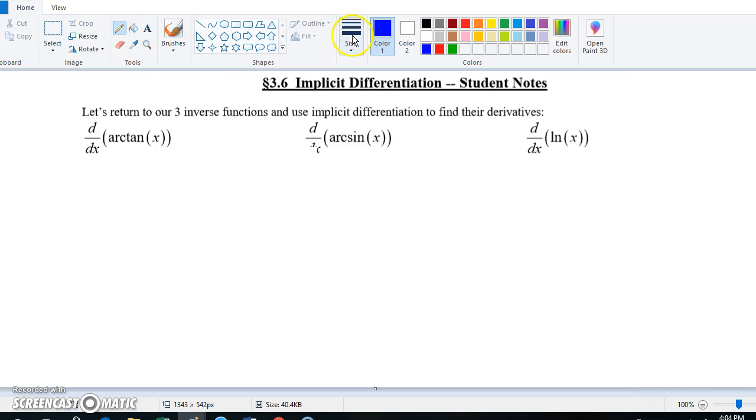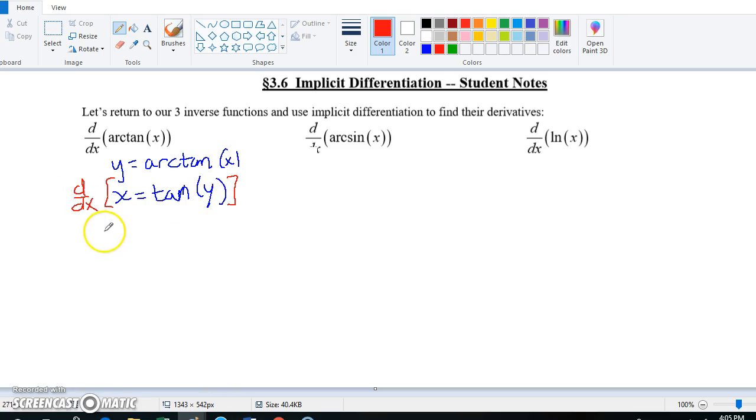Okay, so we're now going to find the derivative of the arctangent of x. We're going to start by saying y is equal to the arctangent of x, and rewriting this to say x is equal to the tangent of y. Let's implicitly differentiate both sides of this equation with respect to x.